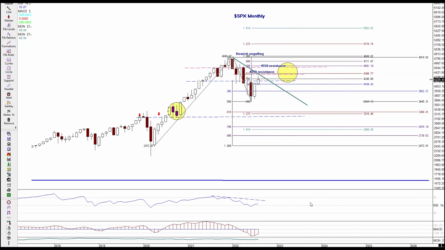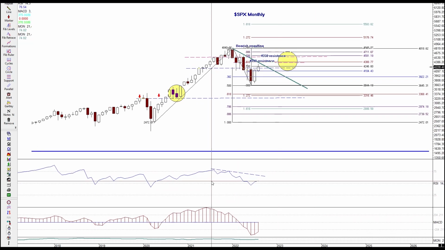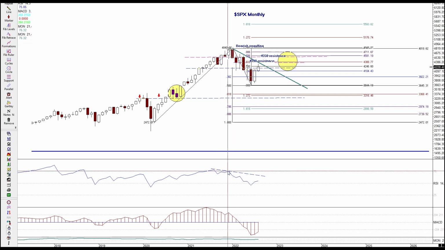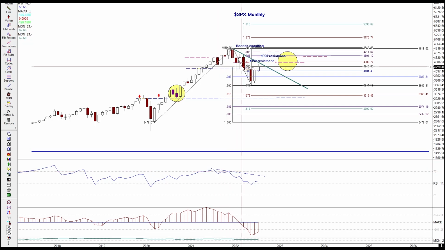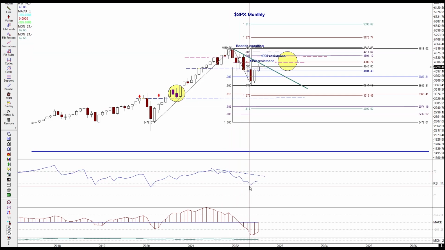Oh, before we do, I wanted to mention a couple of the indicators here. This is the RSI. It had a divergence from late December, early into the year, and with this move to the downside, the RSI also moved down.